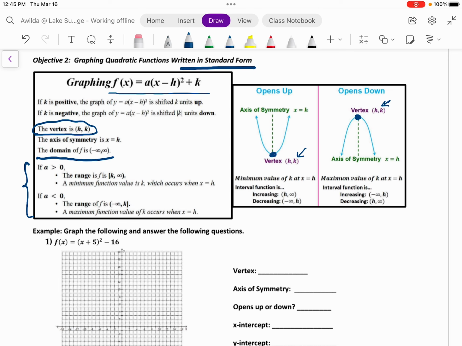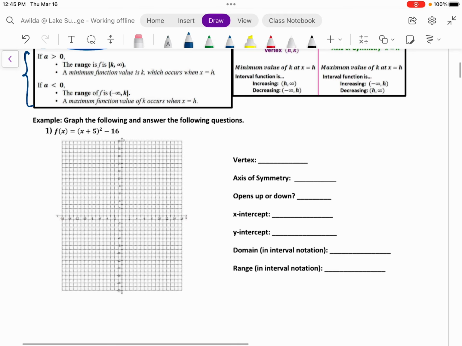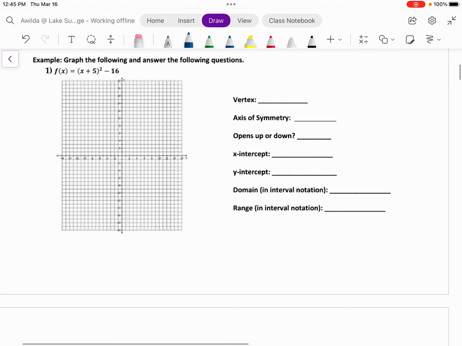Let's take a look at one example where we can explore the different parts of the parabola and of the domain and range. In this first example, we have f of x or y equals x plus 5 quantity squared minus 16. I want to point out what the values of a, h, and k are, since this is written in standard form.